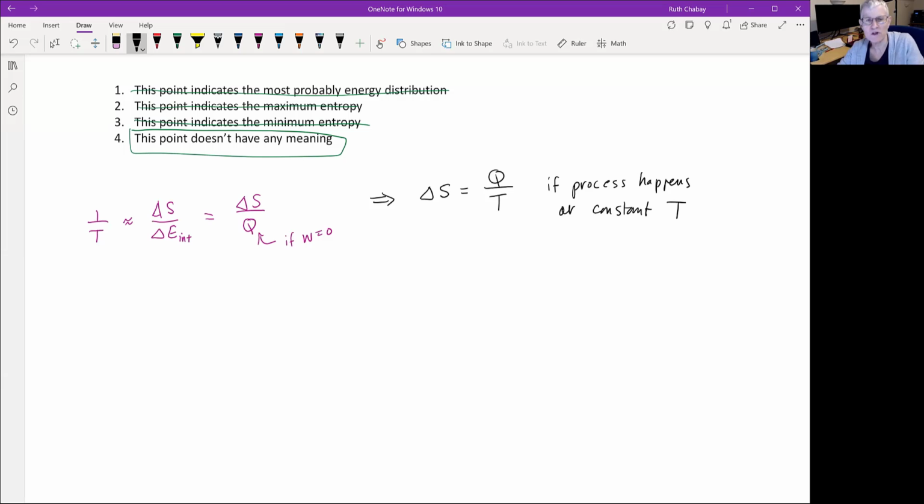So if the temperature doesn't change, even though there's thermal energy flowing.